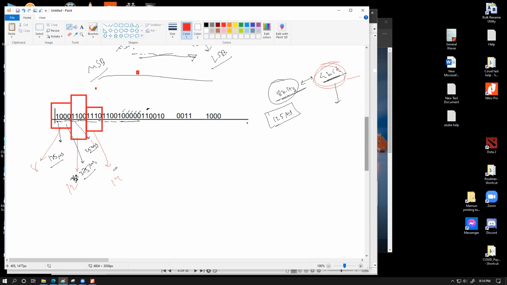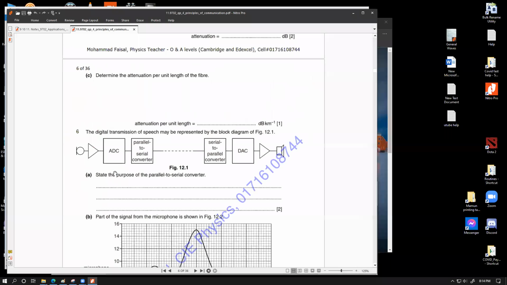This process of chopping the whole series number system into individual 4-bit groups is called serial to parallel converter. So that's what this electronic device, which is labeled as a rectangle with a label box, does.